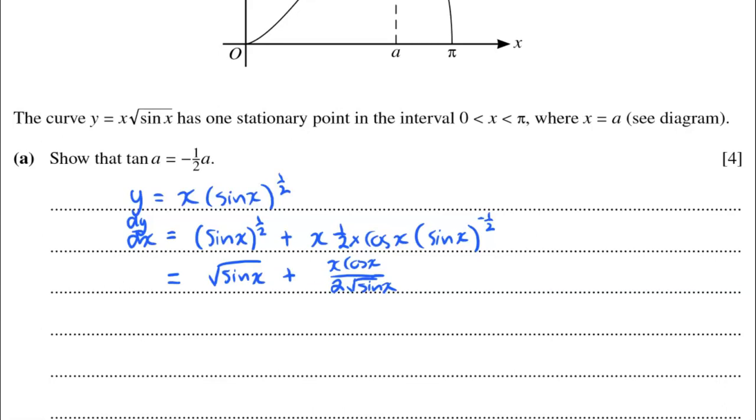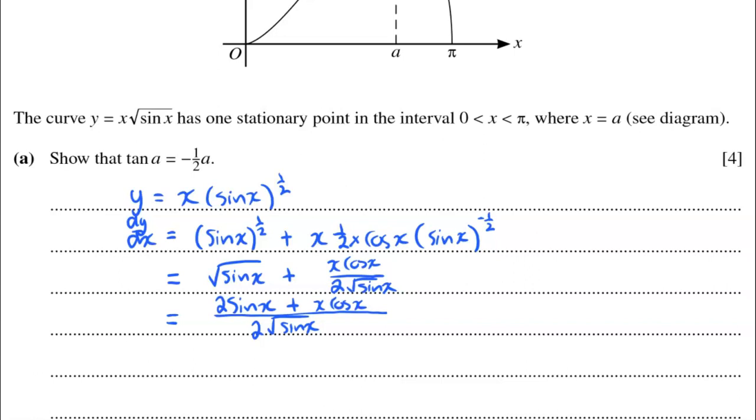So to turn our other fraction to the same denominator, which is 2 root sine x, we have to multiply root sine x by 2 root sine x. Root sine x times root sine x is just going to become sine x. It gets rid of the square root sign. So we have 2 sine x plus x cos x over 2 root sine x.